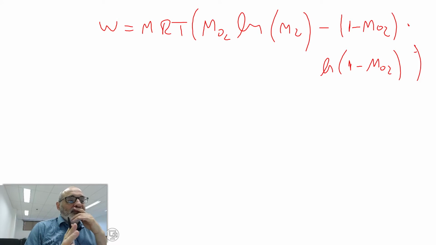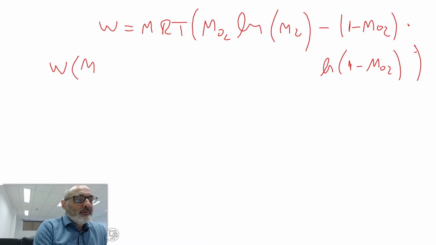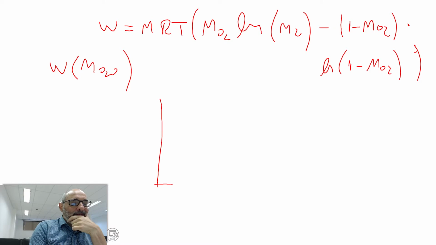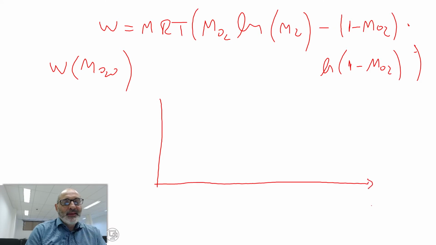And so now, this equation shows you the amount of necessary work in terms of one concentration, N_O2. And it varies like this, okay? W versus N_O2, it varies like this.